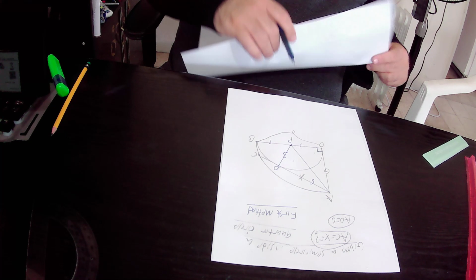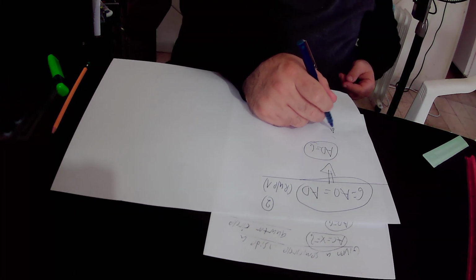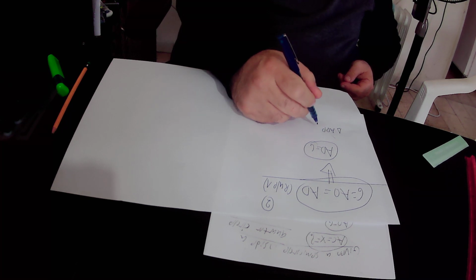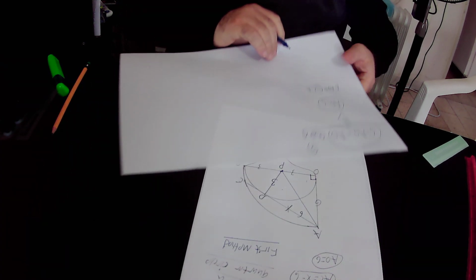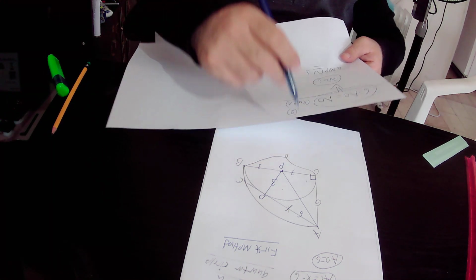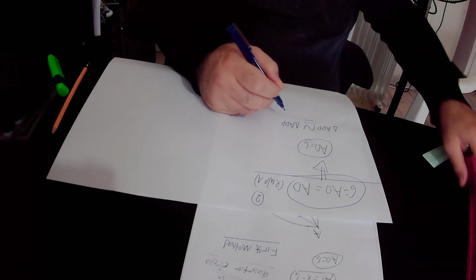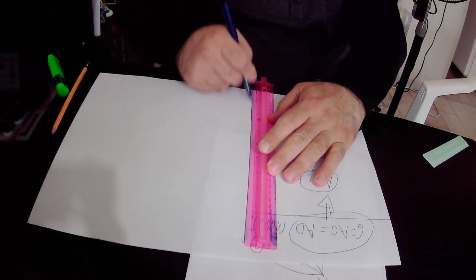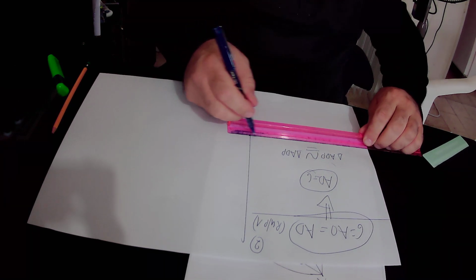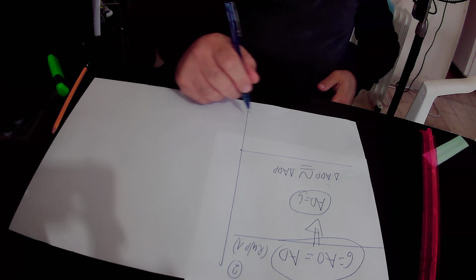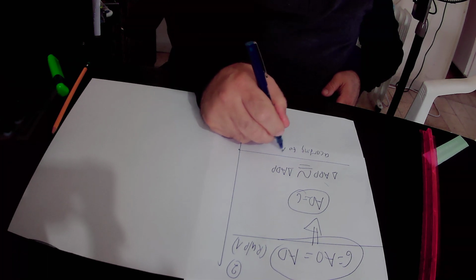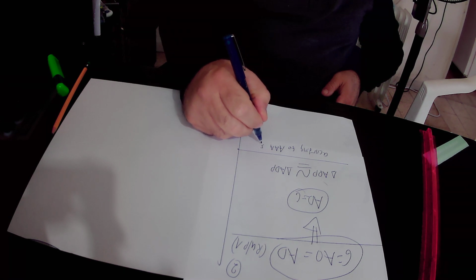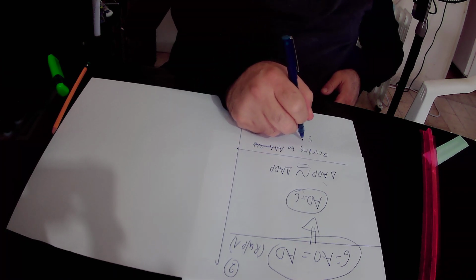Triangle AOP, this right triangle, congruent, this is the sign of congruent, to triangle ADP, according to the side rule.